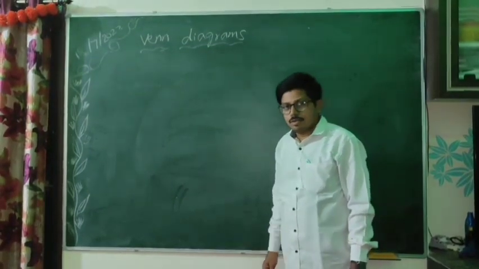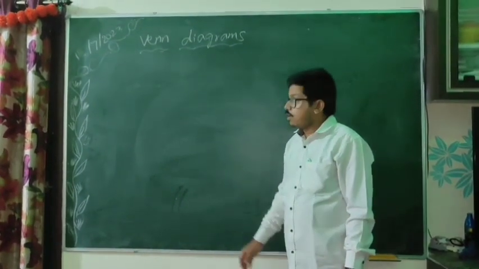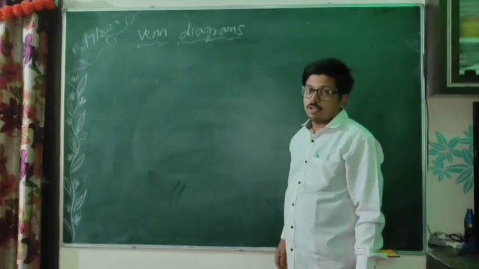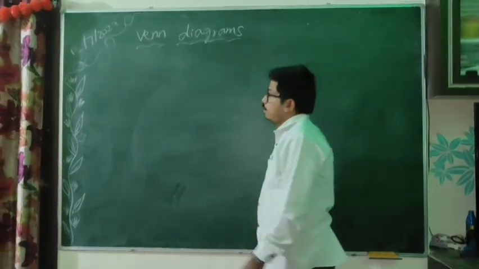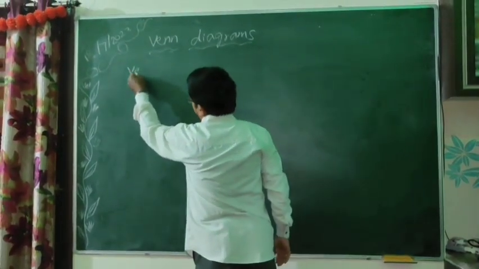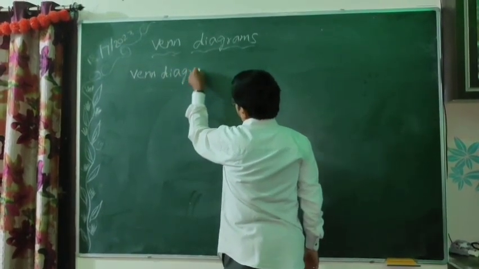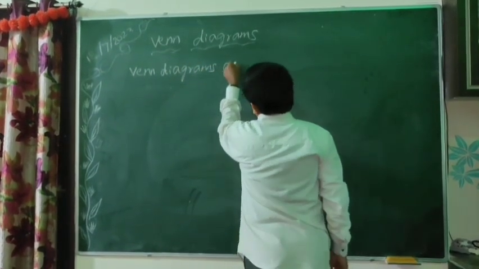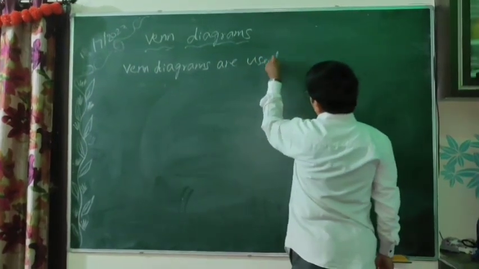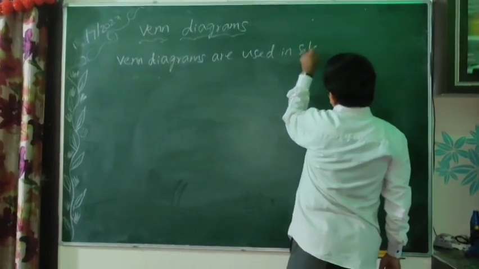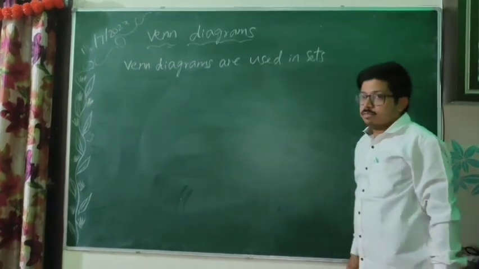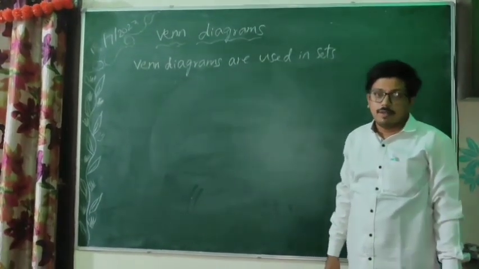Hello students, now let us discuss the Venn diagrams used in the concept of sets. Venn diagrams are used in sets. We show different types of figures to show the sets.